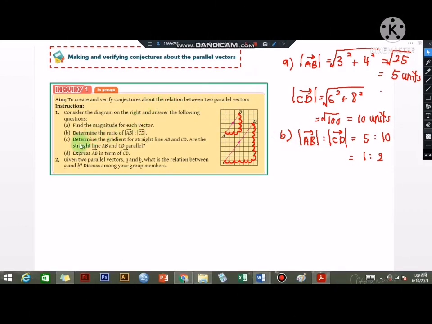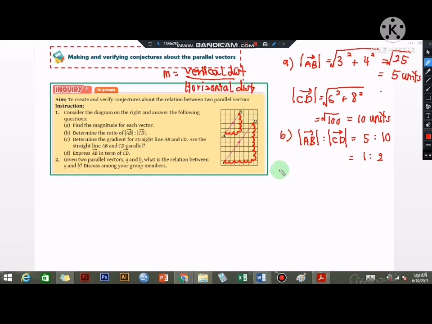Remember, gradient is equal to vertical distance over horizontal distance. Remember this one.